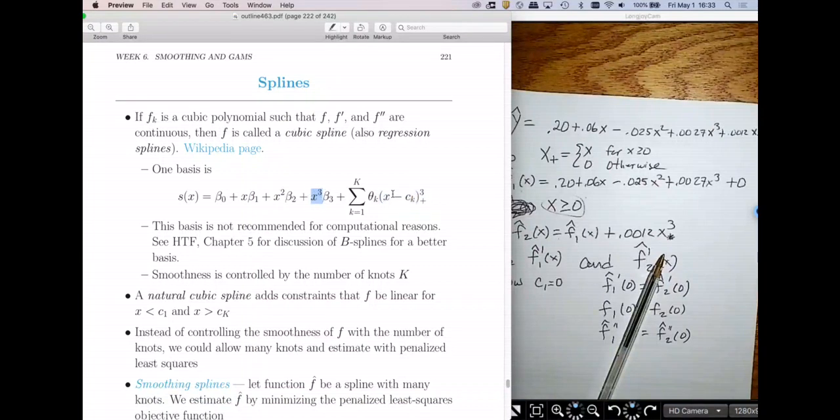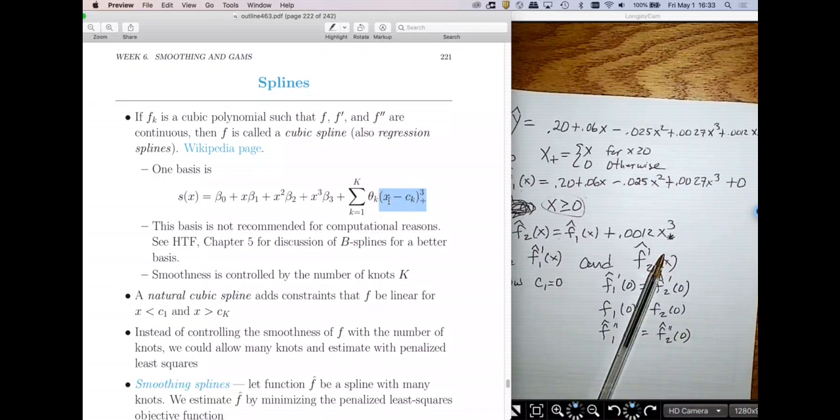You have cubic terms. And cubic terms are problematic from a numerical point of view. So what happens is if you have a big number, so x is far from the knot, and you cube it, you end up with a very big number.